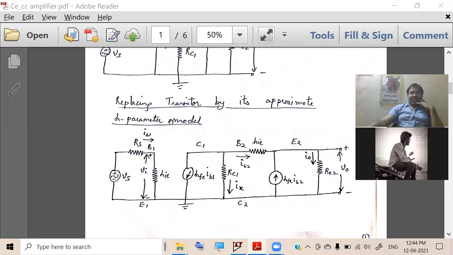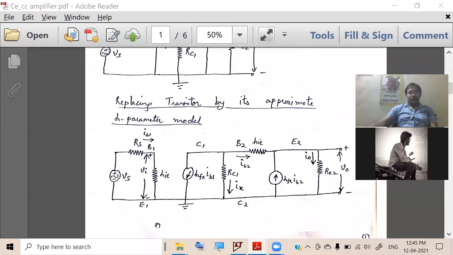VI is HIE into IB1, Ohm's law. So please answer, one of you answer quickly. What is RI in this circuit? Same, yesterday also we discussed. What is RI in this circuit? Very good, HI.